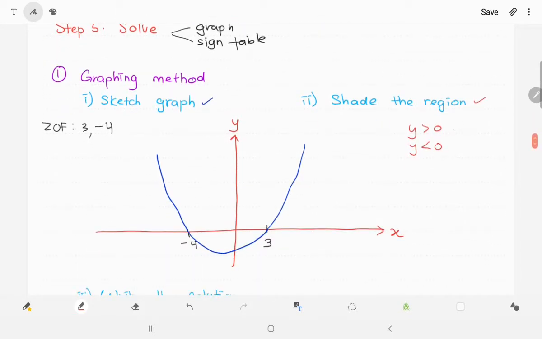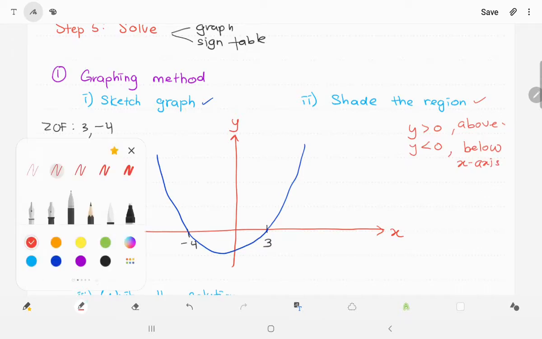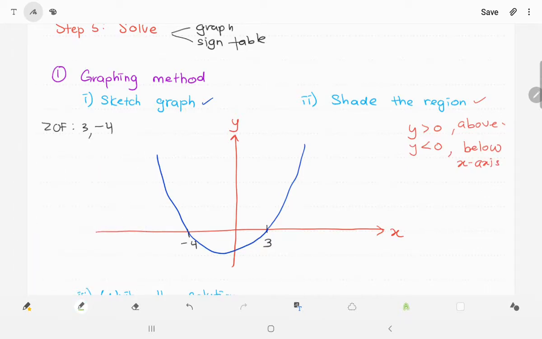Greater than means shade above the x-axis. If y less than, shade below the x-axis. So now we are going to shade above, because y greater than 0.